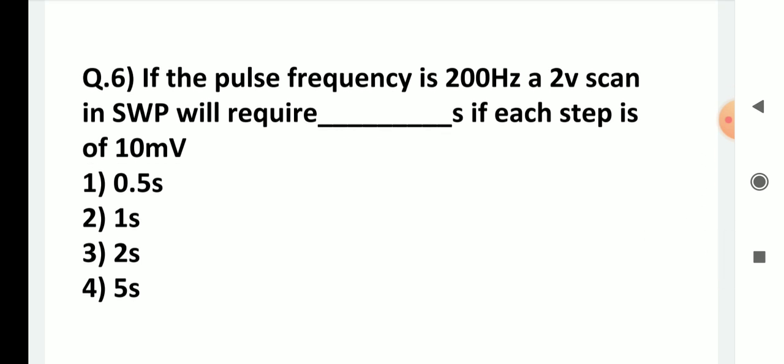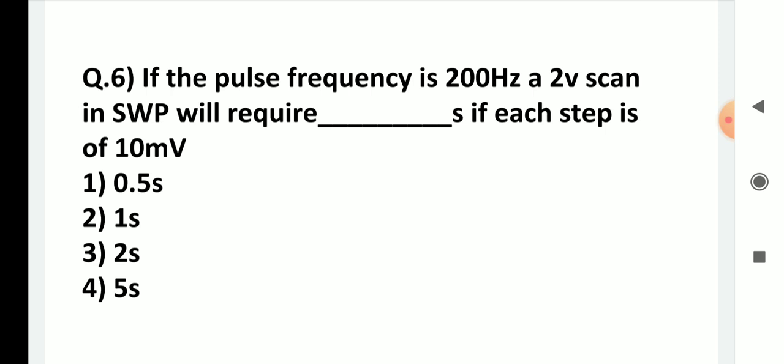If the pulse frequency is 200 Hz, a 2 volt scan in square wave polarography will require how many seconds if each step is of 10 millivolts. Now the step is of 10 millivolts. Total distance covered is 2 volts. 2 volts is nothing but 2000 millivolts.